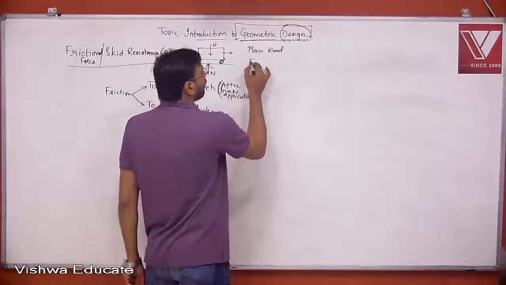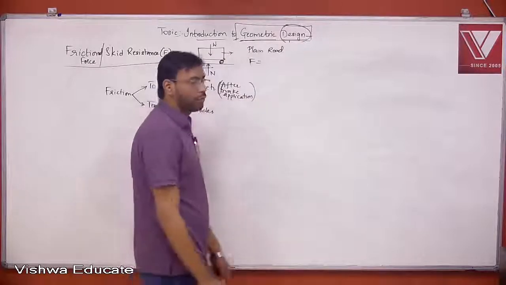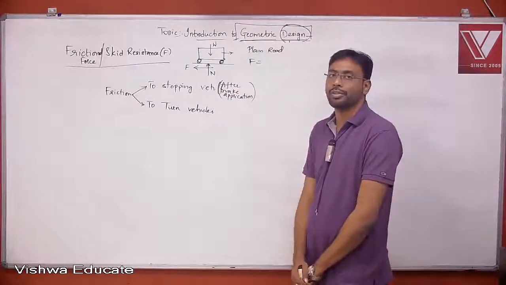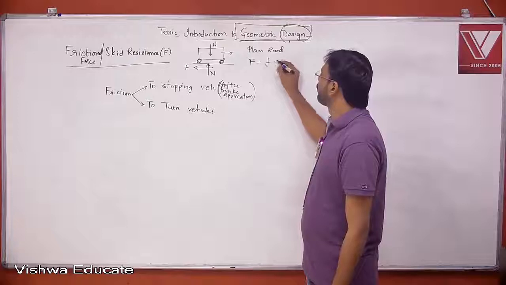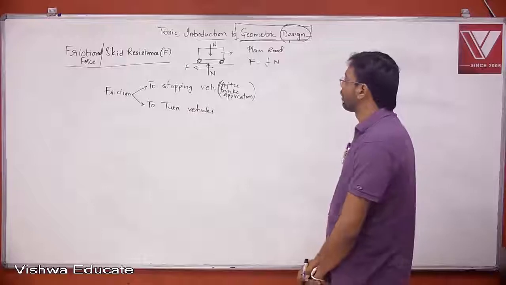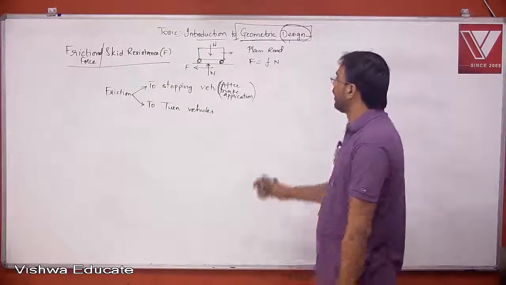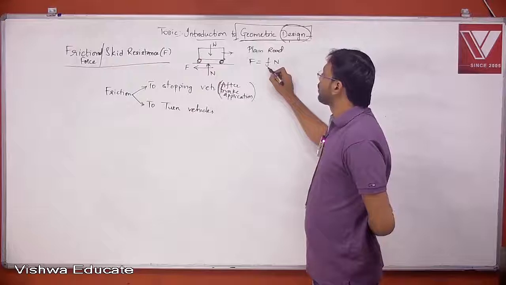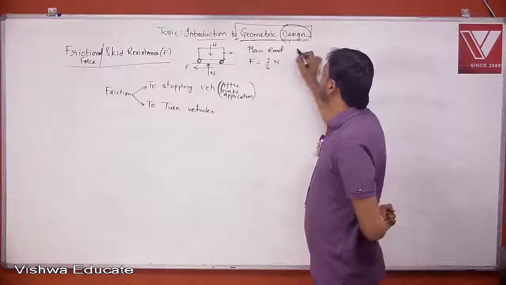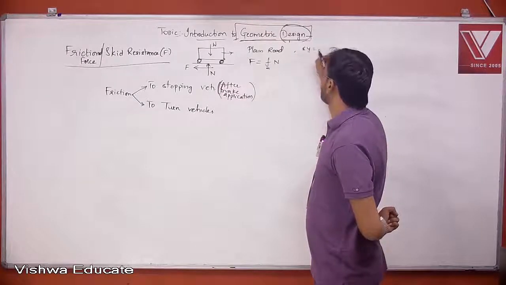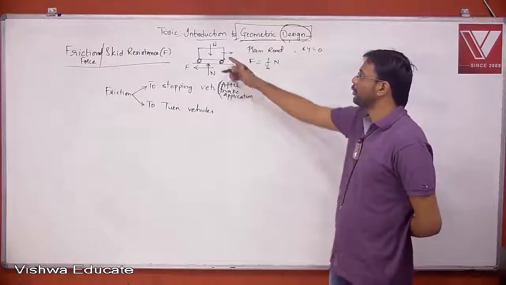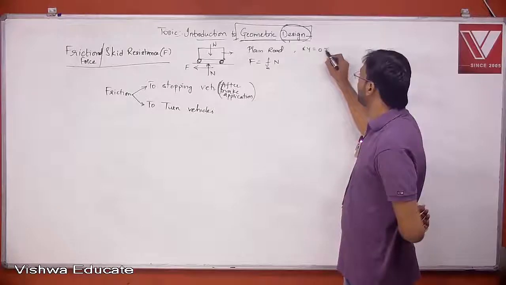You have learned in the mechanics of your first year BTech in civil engineering that frictional force is equal to coefficient of friction into normal reaction. This coefficient of friction is indicated with F, and if you write sigma y is equal to 0 for this figure, meaning summation of all the forces in the vertical direction is equal to 0, then upward equals downward.